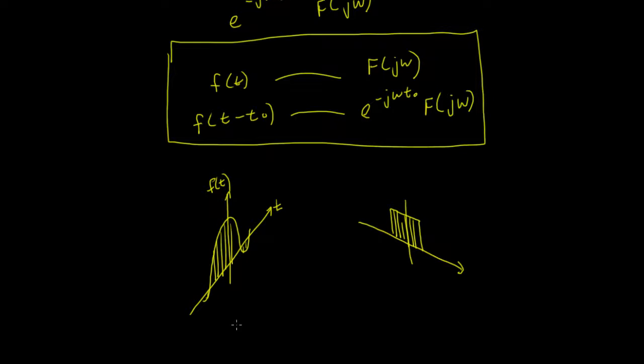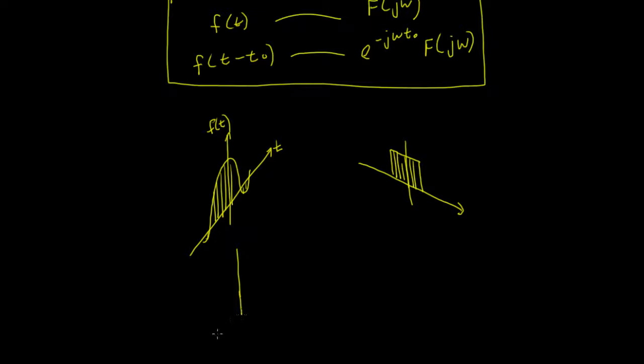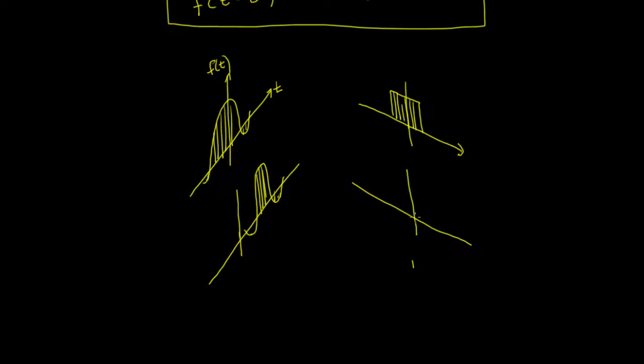Now when we delay that sinc function, so we take a copy of that sinc function but it's a delayed version, delayed in time, it'll look like that. That just has the effect of adding phase onto these, so you're going to end up with something that looks like that there.